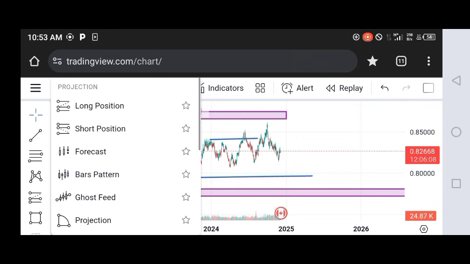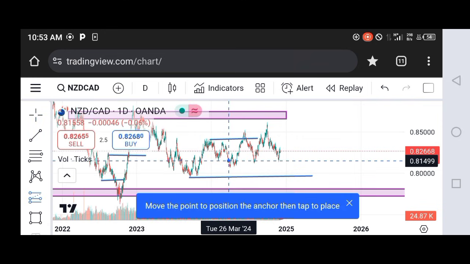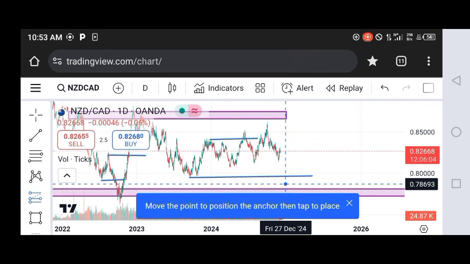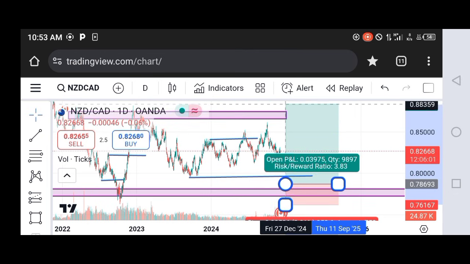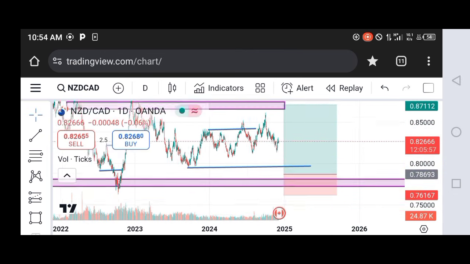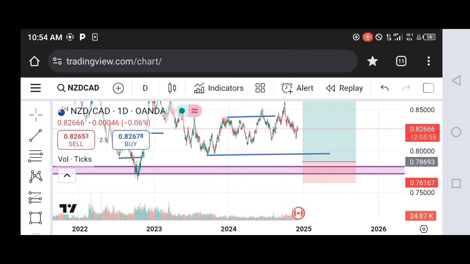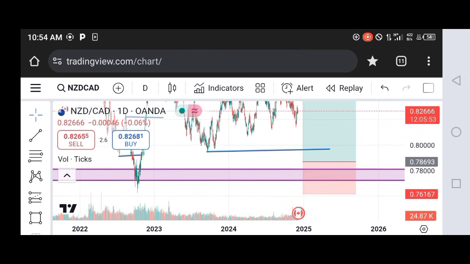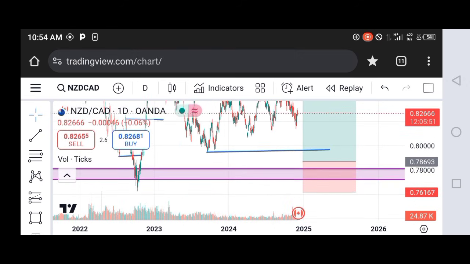Then we enter from there. Let's pick up our long position to show you guys so you get to understand. This is a 3 risk to reward trade, a 3R trade they can catch if you're very patient with this.